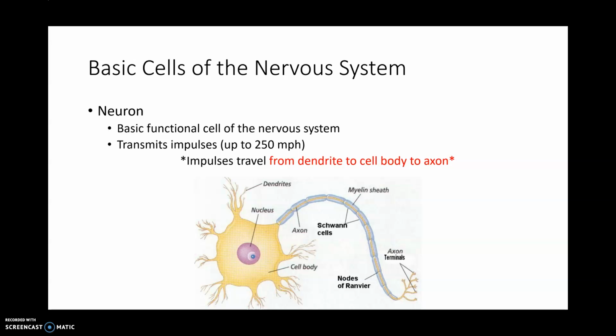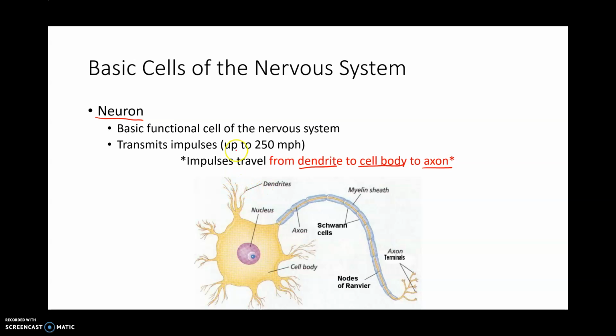So let's take a look at some of our basic cells. So we know that our nervous tissue is made up of neurons. So our basic neuron function is our basic functional cell, and it's going to transmit impulses. And we know we're going to see that our impulses always move from our dendrite to our cell body to our axon.